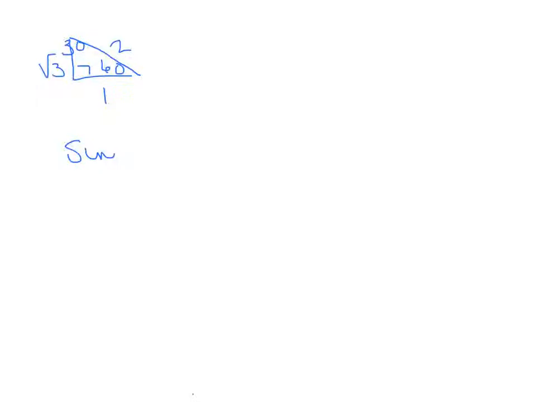So let's do sine of 30. So sine of 30 is opposite, which is 1, over hypotenuse. Okay? Cosine of 30 is adjacent, square root of 3, over 2.